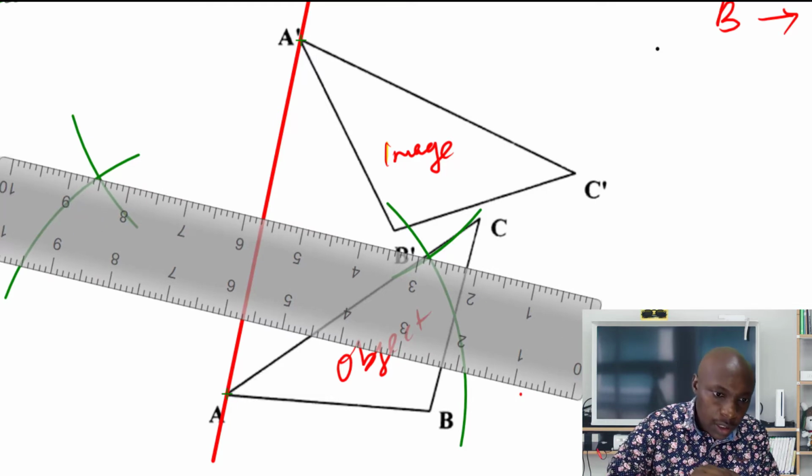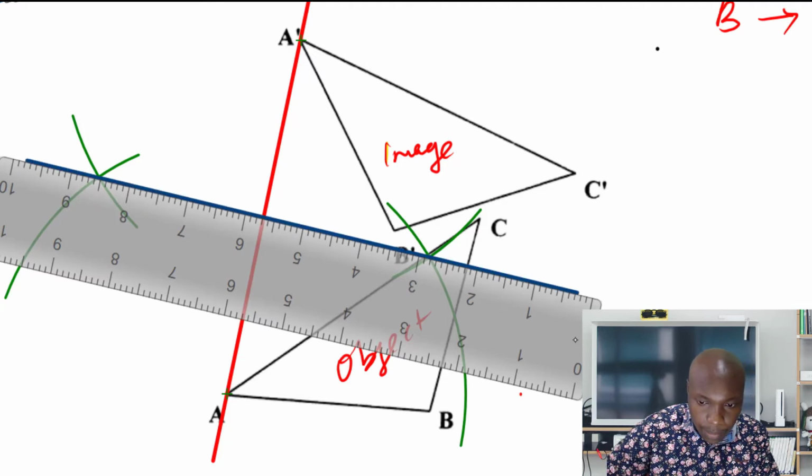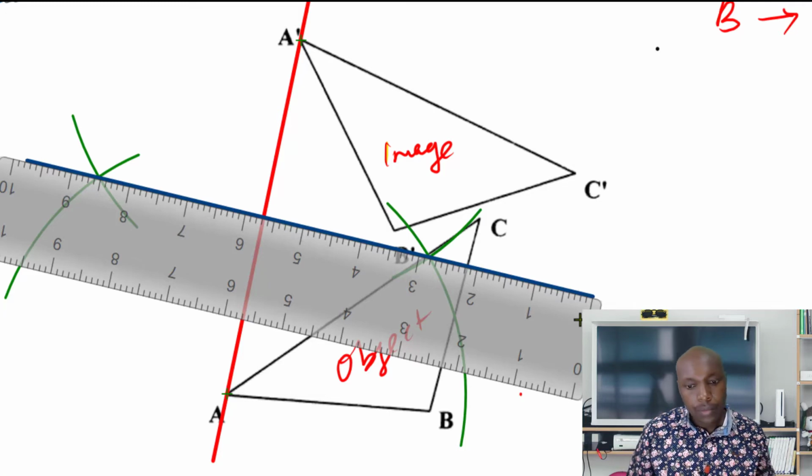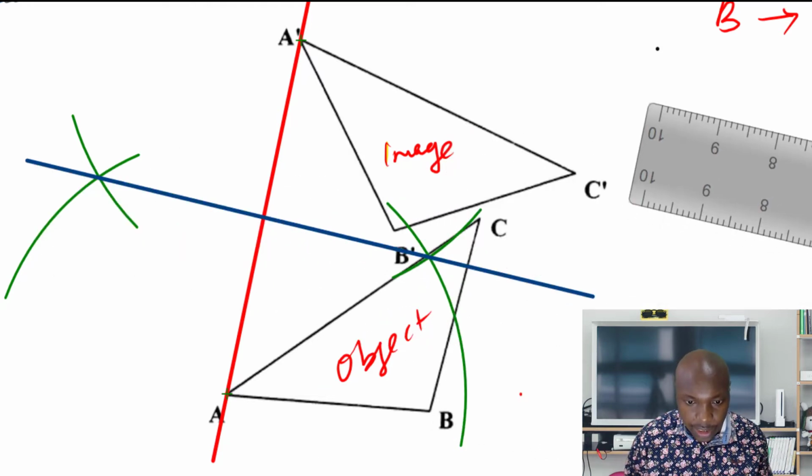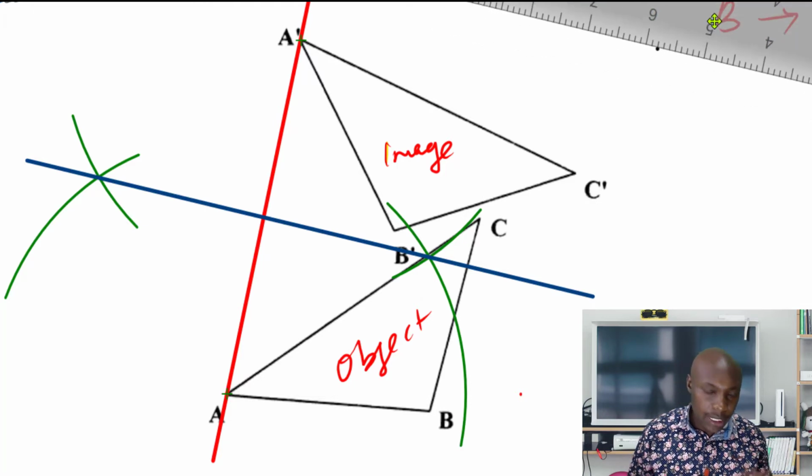I will draw a straight line there joining the point of intersection. So that is the line. After doing that, now we have constructed the perpendicular bisector of that line.